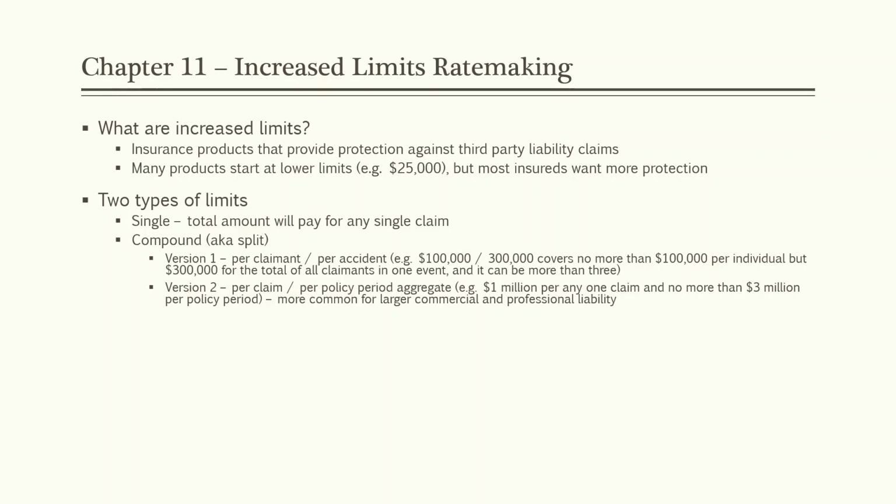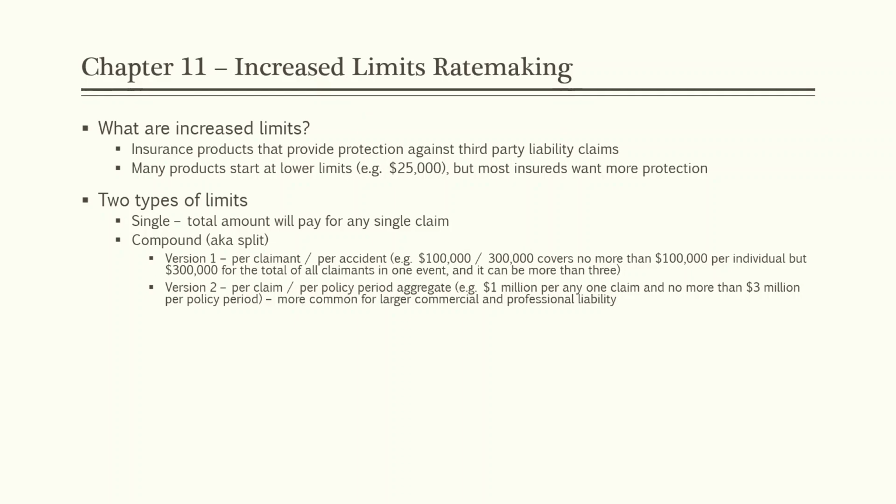Version 2 is per claim and per policy aggregate. This is more common in larger commercial. So you'll cover $1 million for any one claim, but then for the whole policy period, you can't get more than $3 million. So you could have a bunch of small claims.